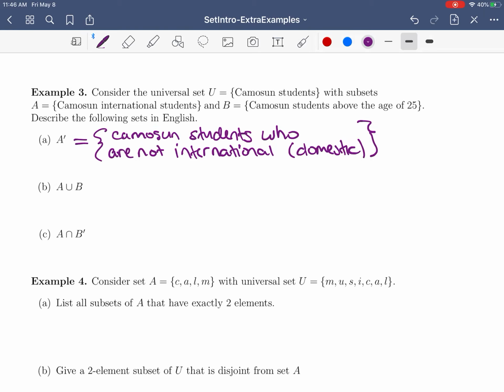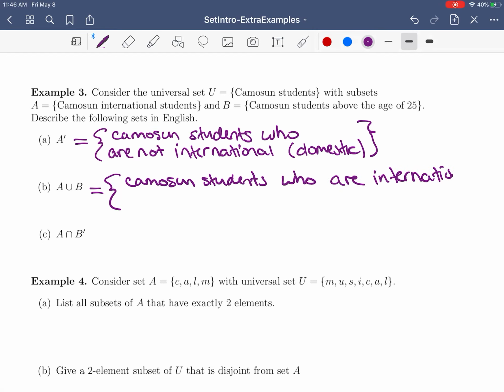So they're domestic students. A union B would mean that they have to be in A or in B or both. Okay, so they have to be Camosun students in order to be in the universe. So they're Camosun students who are international, because that would put them in set A, or they're above the age of 25, okay, or both, possibly.